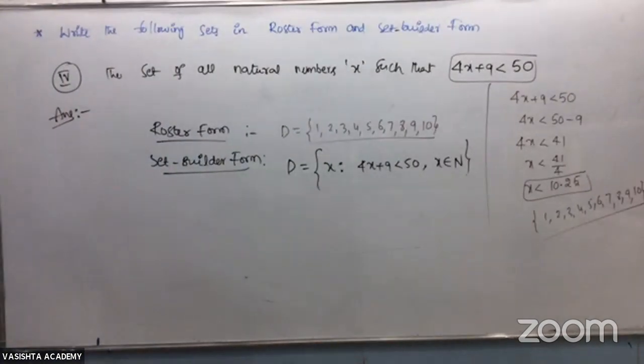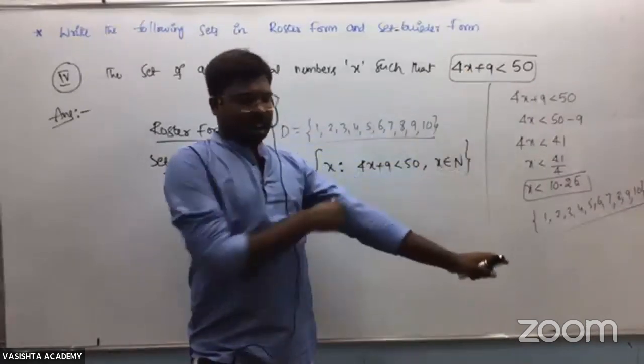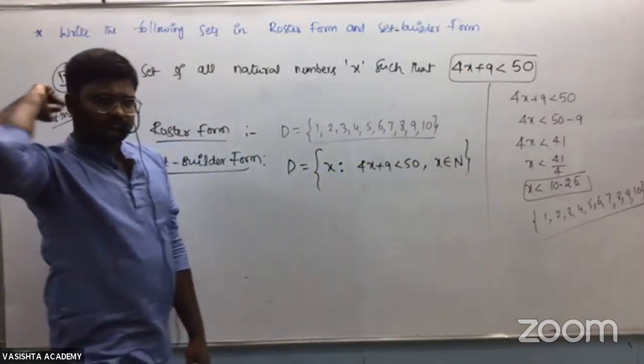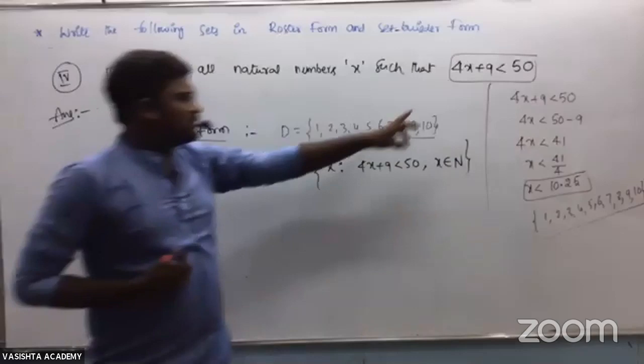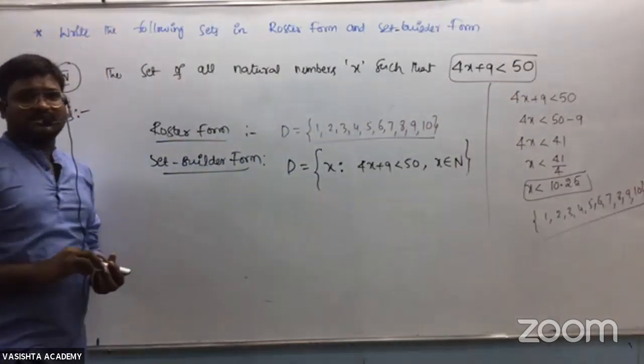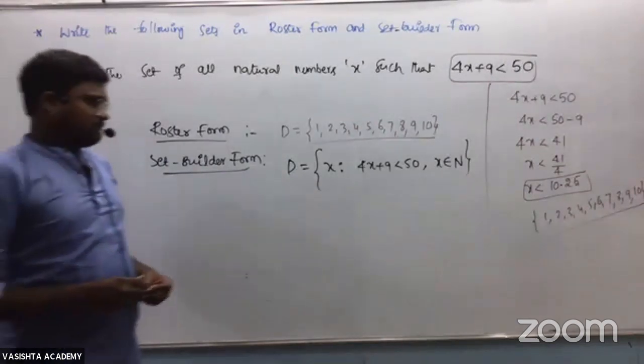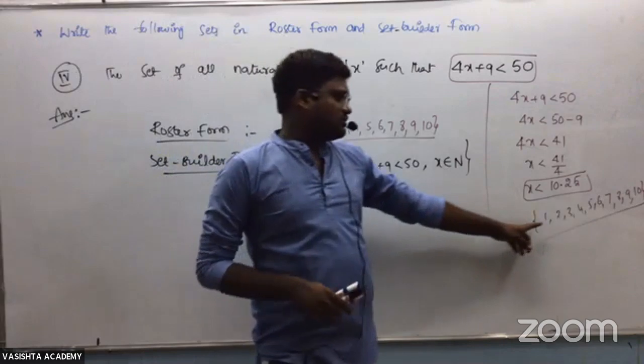Understood? Any questions in solving this inequality? Please let me know, I'll explain it once again. x is less than 10.25 and x is a natural number. So we got 1, 2, 3, 4 up to 10.